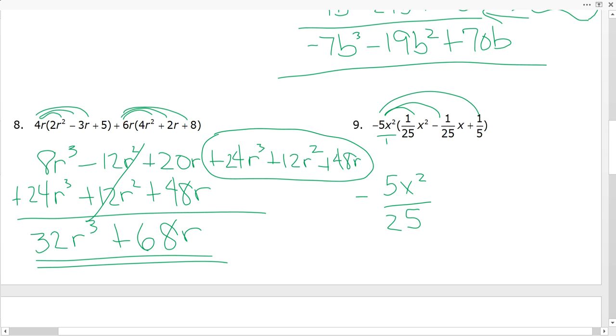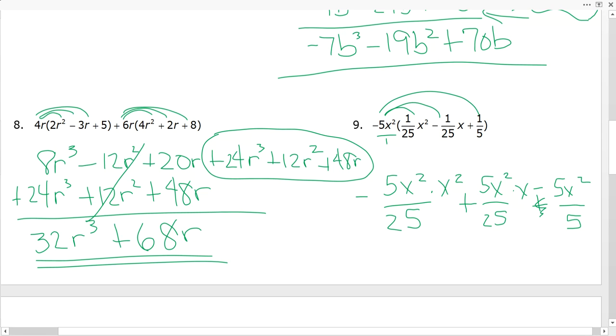But then I also have that x squared, so I need to remember that it's like a numerator. Then I have minus negative 5 and negative 1 over 25. So that's going to end up being plus 5x squared over 25. And then there's that extra x. And then my last one's going to be negative minus 5x squared over 5.